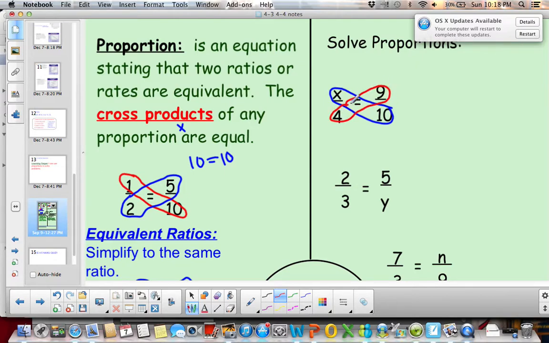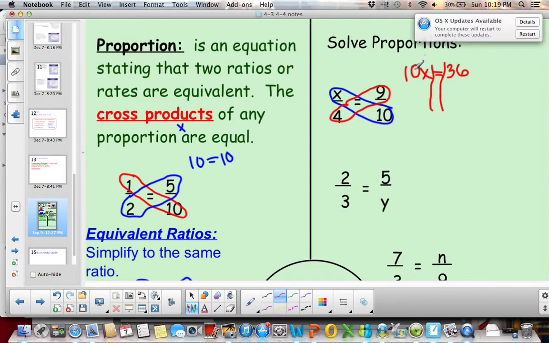And the way that we would solve this then is we would go x times 10, which we know is 10x, equals 4 times 9. So 10x equals 36. And then we think way back to when we do our railroad tracks, because we're just solving for the variable now.